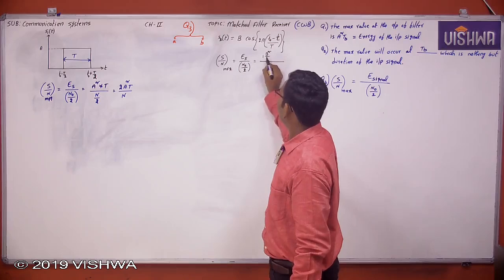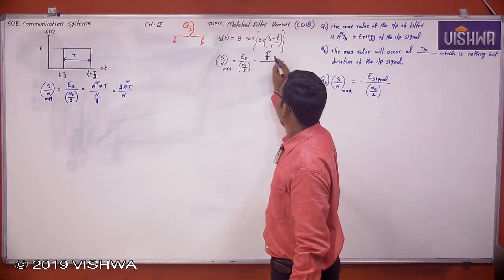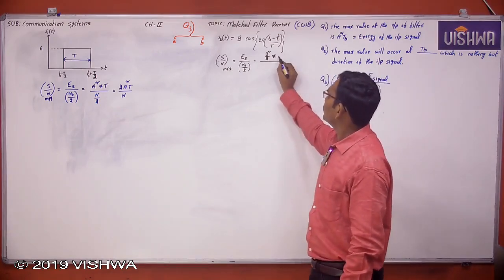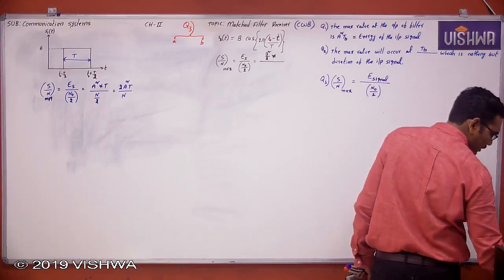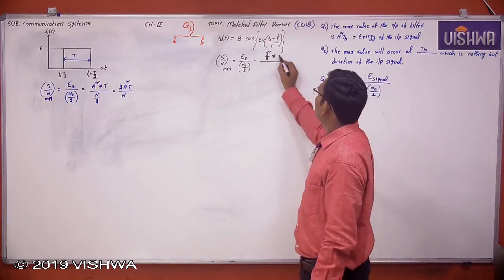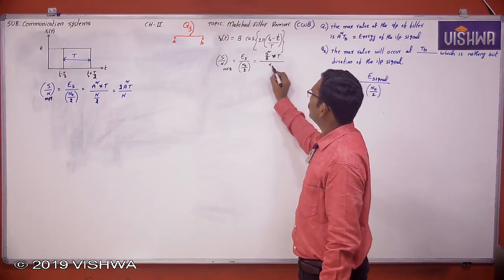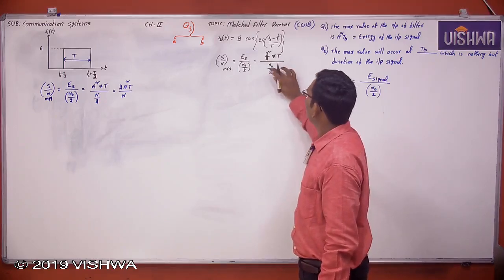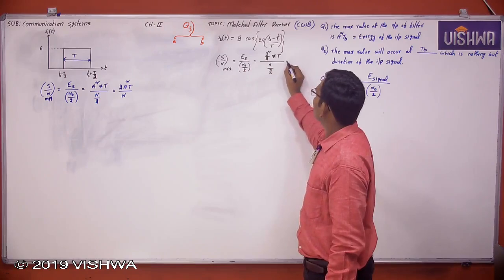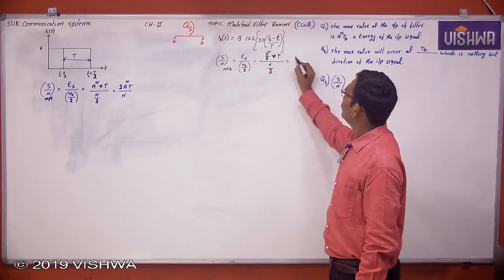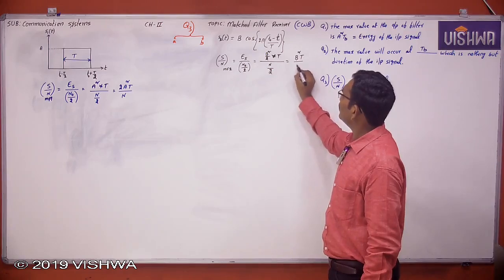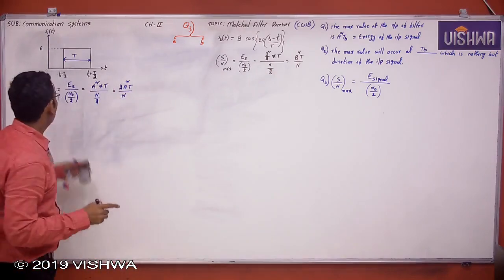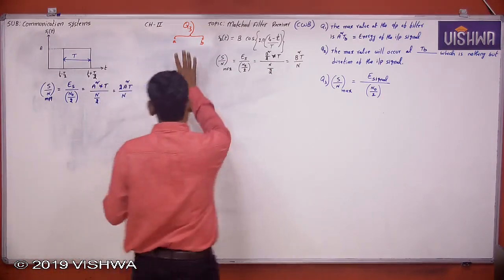V square by 2, because this is a sinusoidal signal, power into time. Now this is B naught, the second signal over a duration of TB seconds, by N naught by 2, which is nothing but N. Therefore the 2 cancels, giving B square T by N. This is the signal to noise ratio of matched filter 2. This is the signal to noise ratio of matched filter 1, that is A bit.